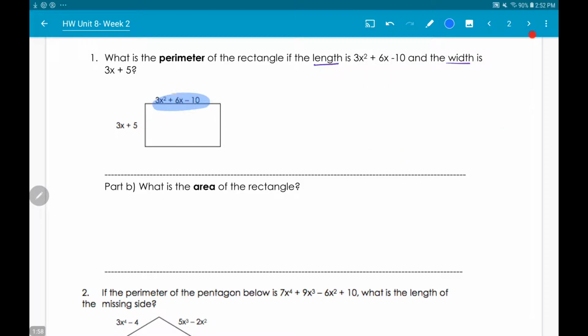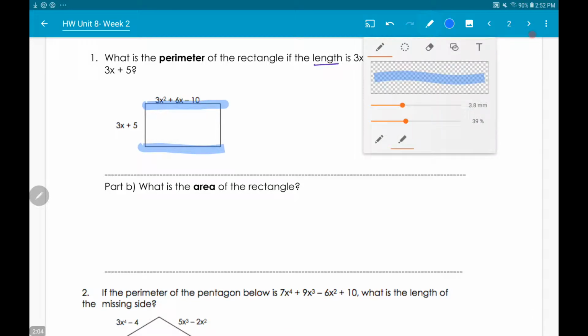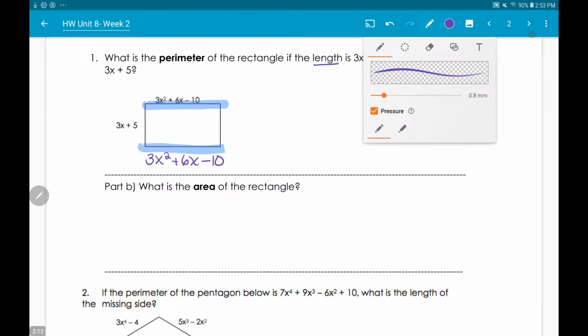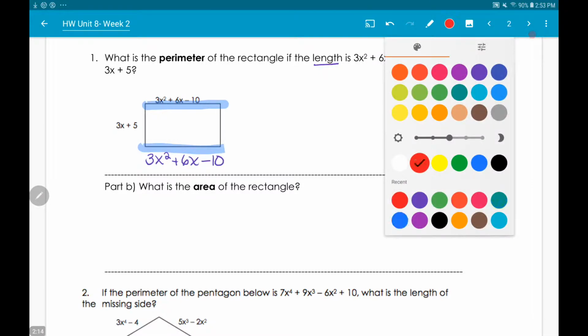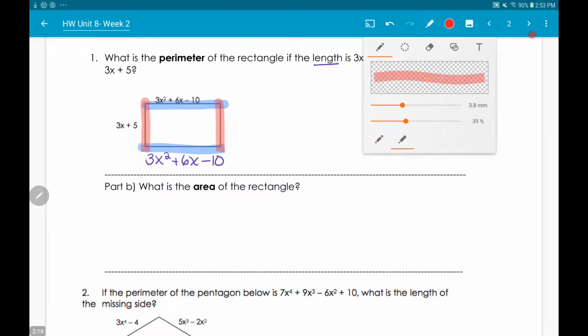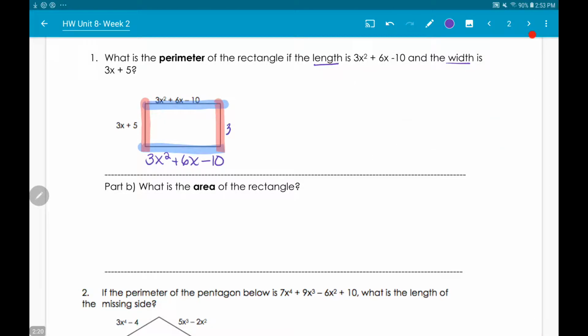So for example, this side we know is the same as the opposite side. So that means this blue side must be 3x squared plus 6x minus 10. And now this red side is opposite of this other red side, so that means this must be 3x plus 5.